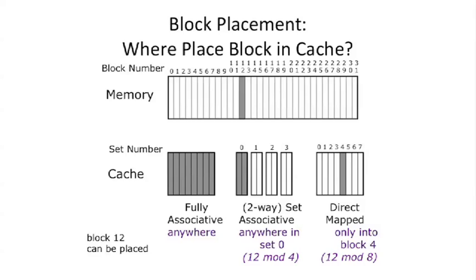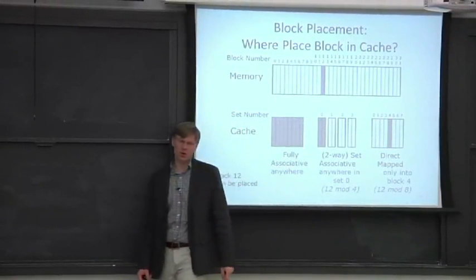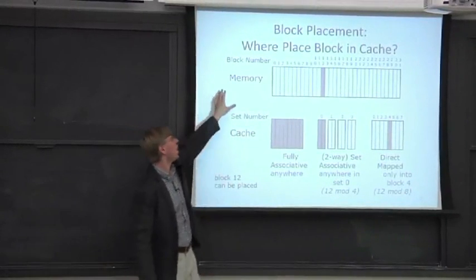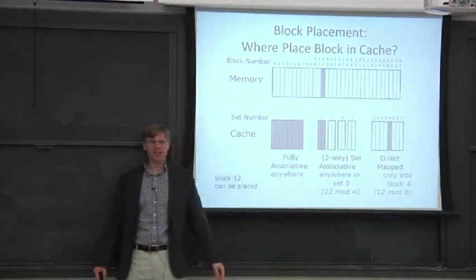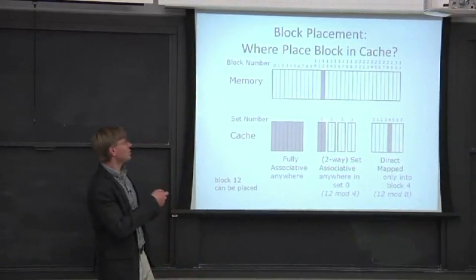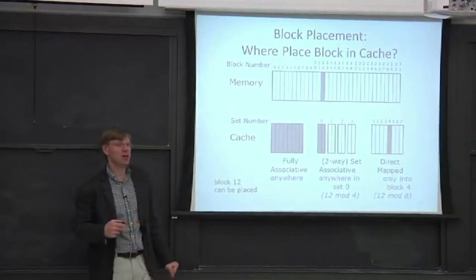Okay, so let's look at a block placement figure here and look at a couple different types of caches. So up here we have a 32-word memory. So let's say this is all of the memory in the machine. Depending on how you look at this, maybe each block is 1 byte, or it could be some number of bytes.